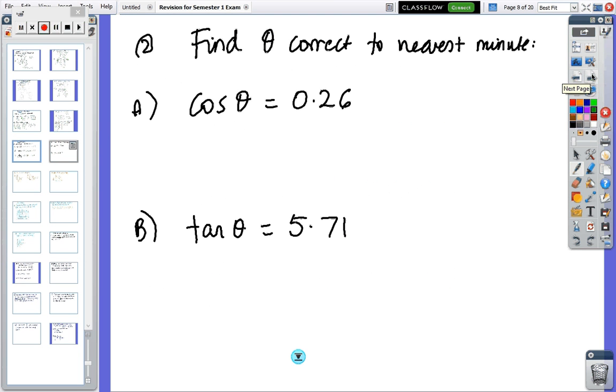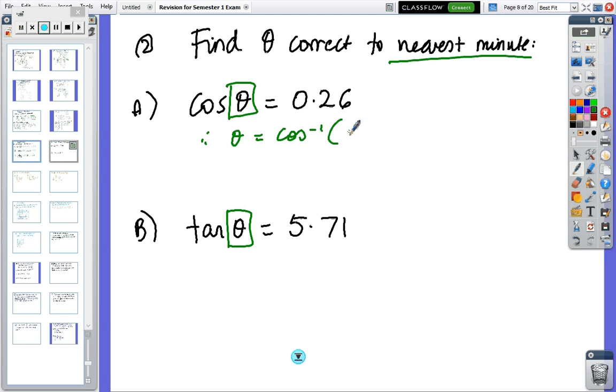So now we have to go backwards. We have to find the values of theta. So we have to use our shift button or inverse button. Have a go. When you're ready, come back, and we're going to the nearest minute. Okay, so theta equals cos minus 1, the inverse of cos, 0.26.